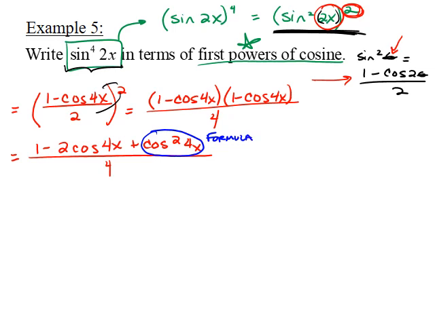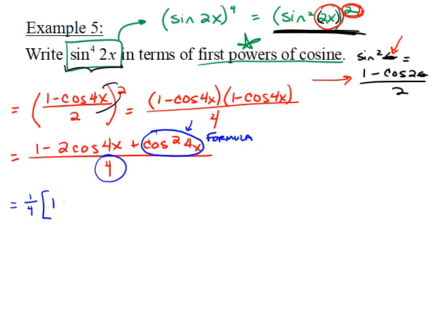Everything else is fine. Now, another thing I'm going to address is this denominator of 4. If I have a denominator of 4, recall it's the same thing as multiplying everything by a fourth. So I'm just going to take that and move that out in front. And then I'm going to apply the formula here.